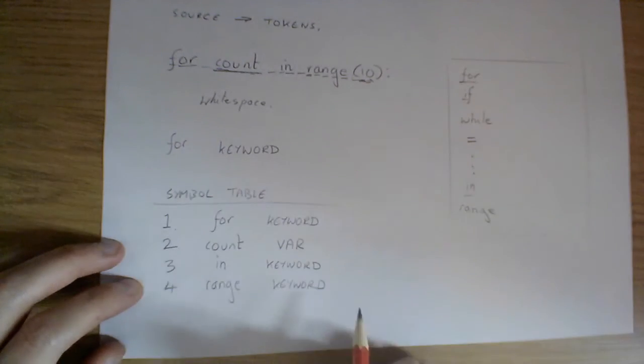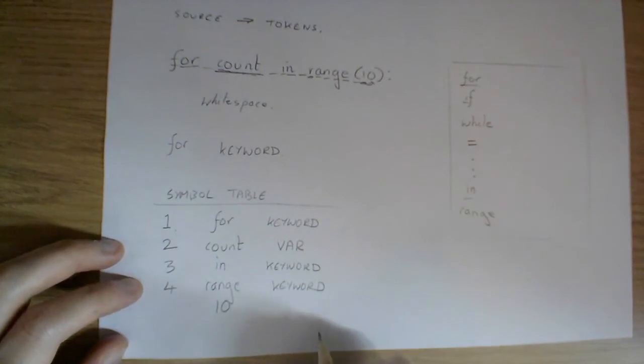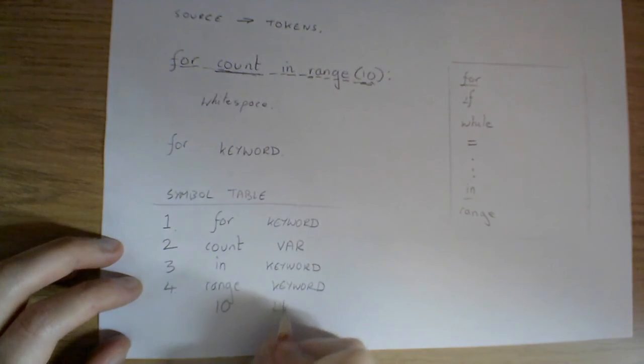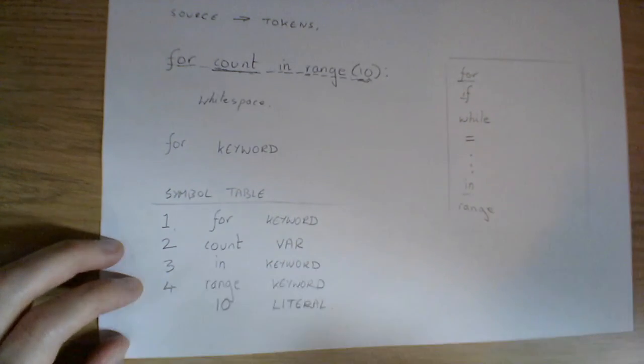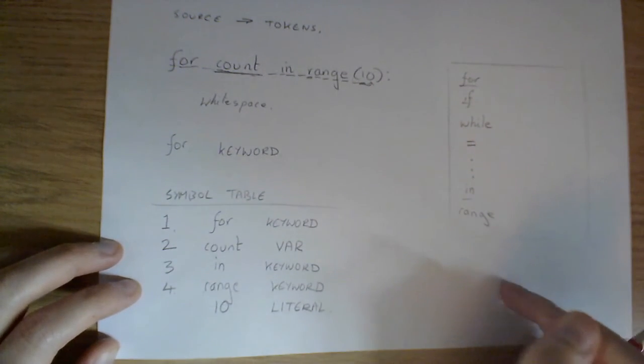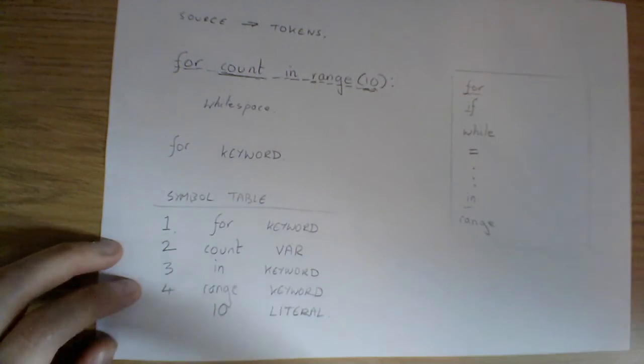And that's it. So it adds 10 to its list, and it says, well, it's not a variable, it's not a keyword, it is something called a literal. And a literal sounds complicated, but all it is is a value that stands for itself. It has no other meaning apart from itself.